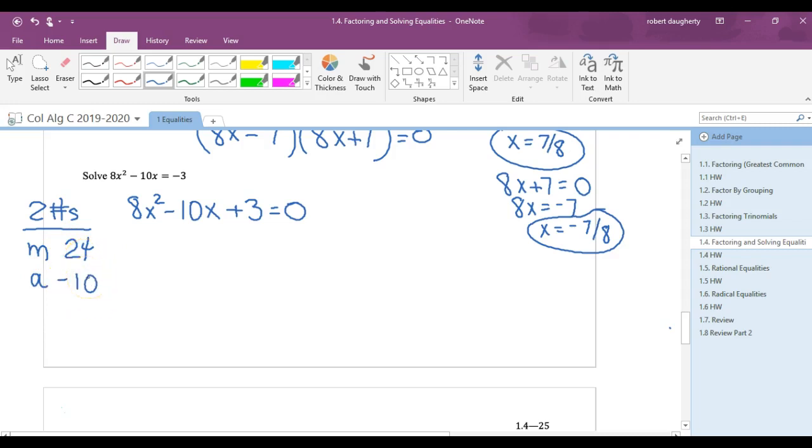Okay. 24 is a common thing that we factor, but if it doesn't pop in your head, just write down. It's either 1 and 24, 2 and 12, 3 and what? 8, 4 and 6. Those are the only possibilities. How can I combine those numbers and get a -10? Yeah, -6 and -4.